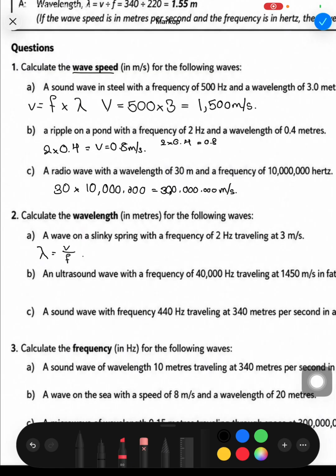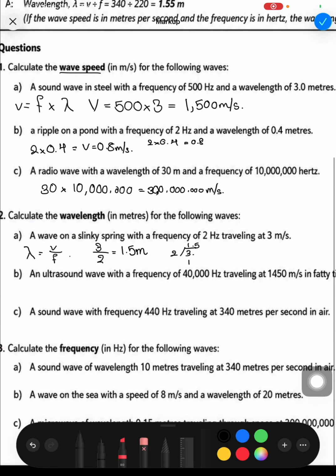So this one, it is speed, which is 3 divided by 2, which gives us 1.5. So it is equal to 1.5 meters.